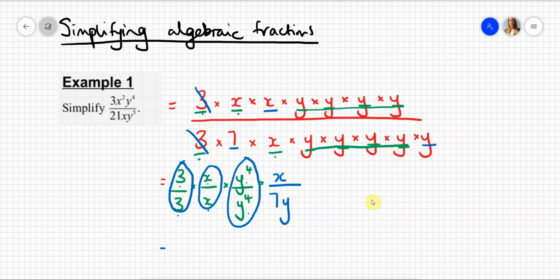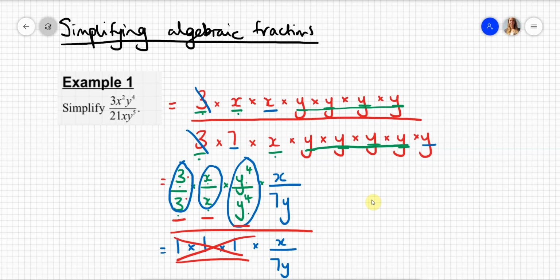So what we end up with is 1 times 1 times 1 times x over 7y. So we've just got x over 7y. You don't need to write it out like this at all. I'm just showing you why it works. It works because the different parts of the fraction turn into 1. When you divide something by itself, you end up with 1. So we're left with x over 7y.